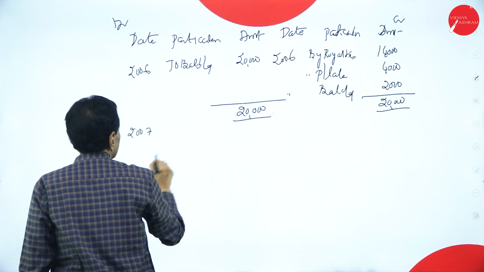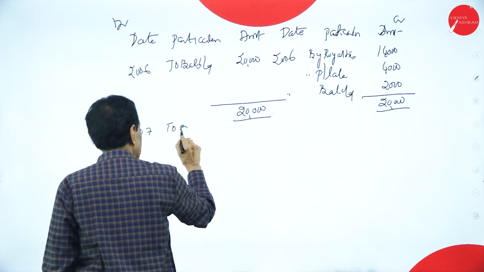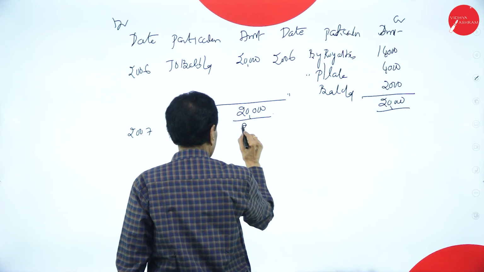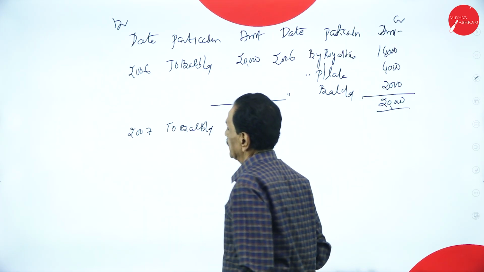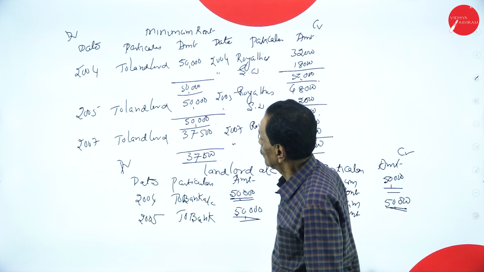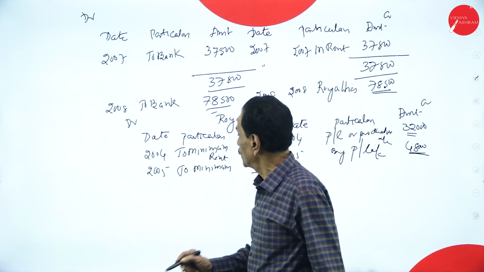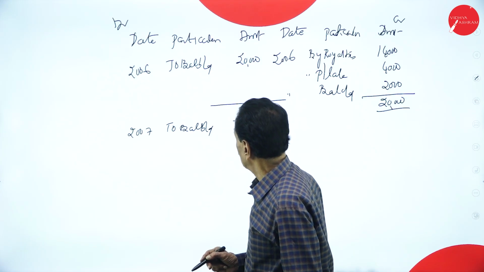Then 2007, to balance brought down, it is 2,000. See that? 2007, 36,000. Royalties account debit, short working account debit to minimum rent.